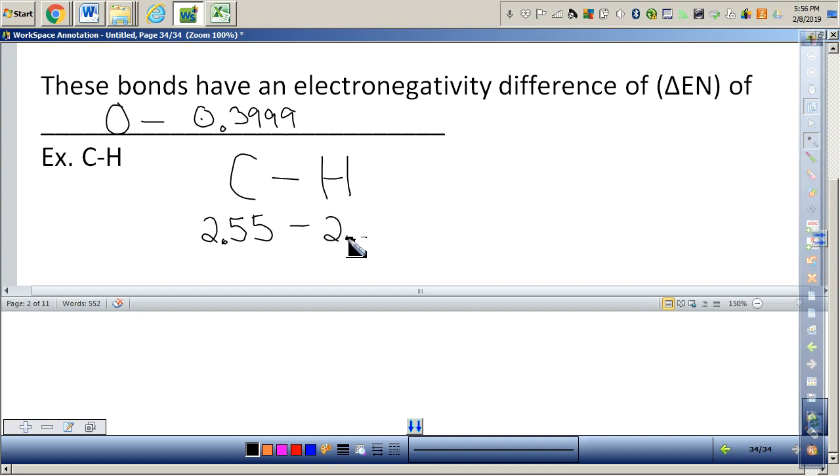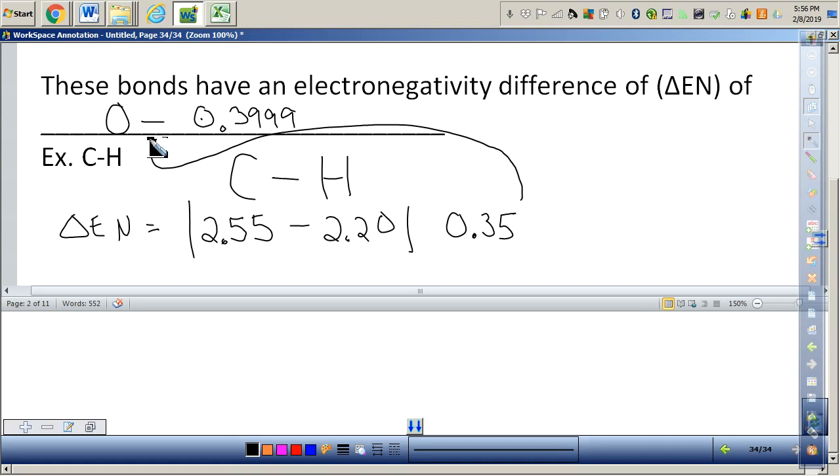Hydrogen is 2.2. So we can subtract that and get 0.35. 0.35 falls in this range between 0 and 0.3999. And so that tells me that this is a nonpolar covalent bond.